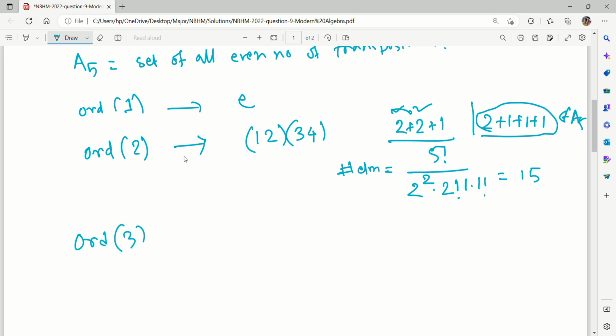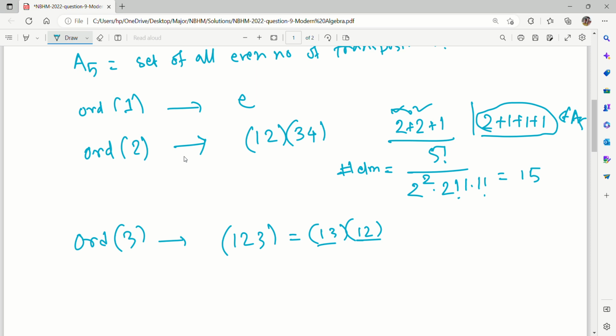Now come to order 3. Does there exist any element of order 3 in A5? Yes. We take the set of all 3-cycles. A 3-cycle (1 2 3) can be decomposed as (1 3)(1 2), an even number of transpositions, so it is an element of A5.